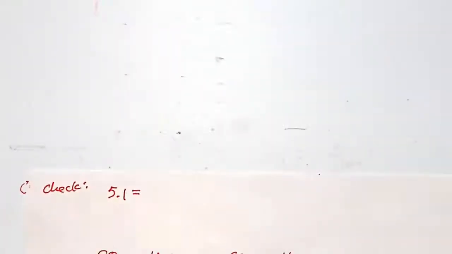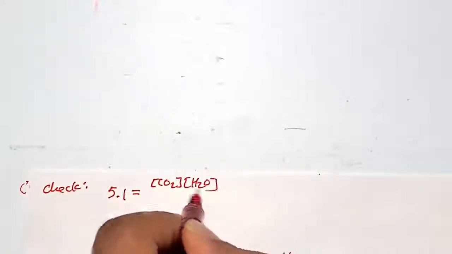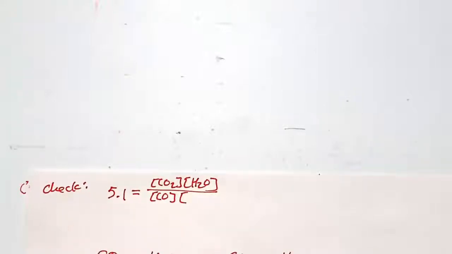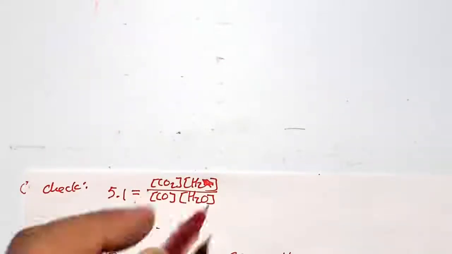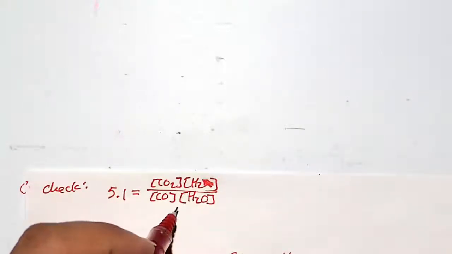Remember, our equilibrium constant 5.1 equals the products over the reactants: CO2 concentration times the H2 concentration, divided by the CO concentration times the H2O concentration.